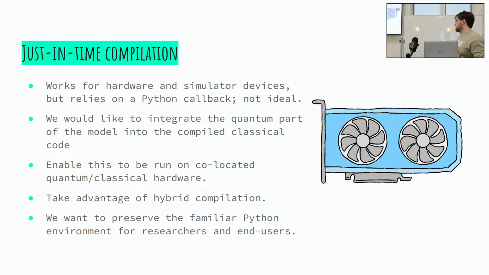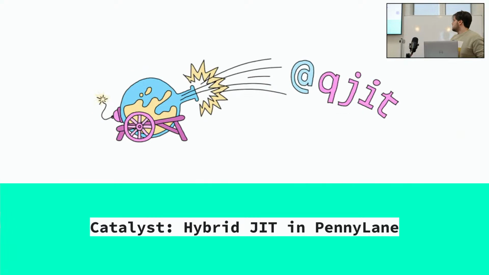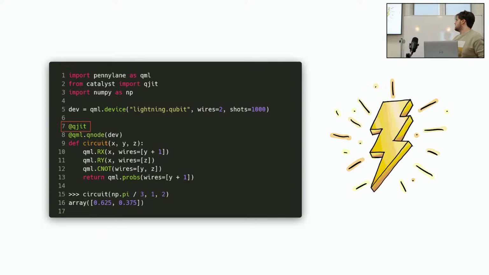So we want to take advantage of hybrid compilation. And that's why we introduced Catalyst. That's our hybrid JIT compiler in PennyLane. You see that it's just a simple decorator that you use on your quantum nodes, or more generally on quantum-classical functions.